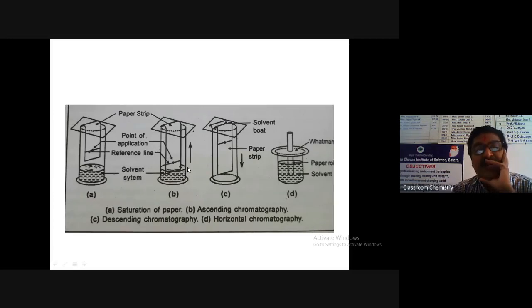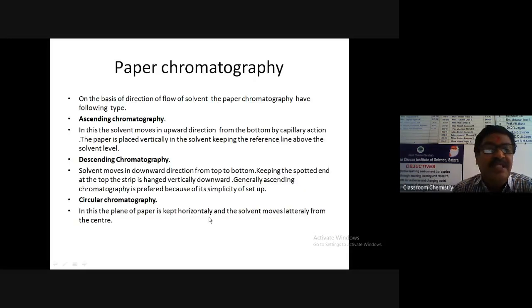So this is the first type of the paper chromatography depending upon the movement of the solvent. If the solvent moves in upward direction along the paper, it is known as ascending chromatography. But if you see the second, solvent moves in downward direction from top to bottom.